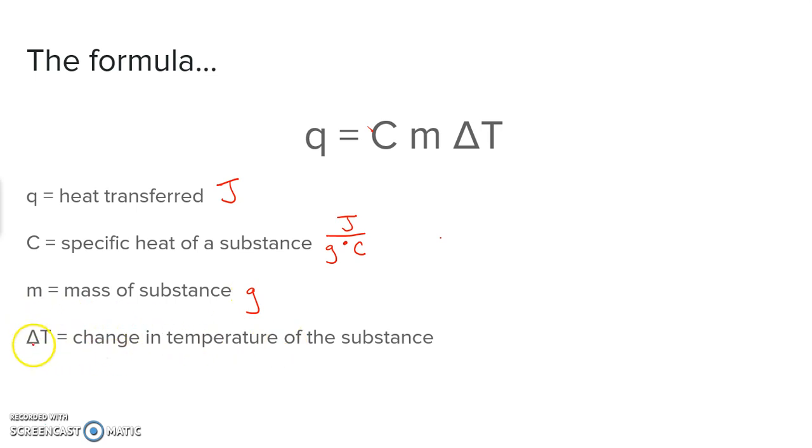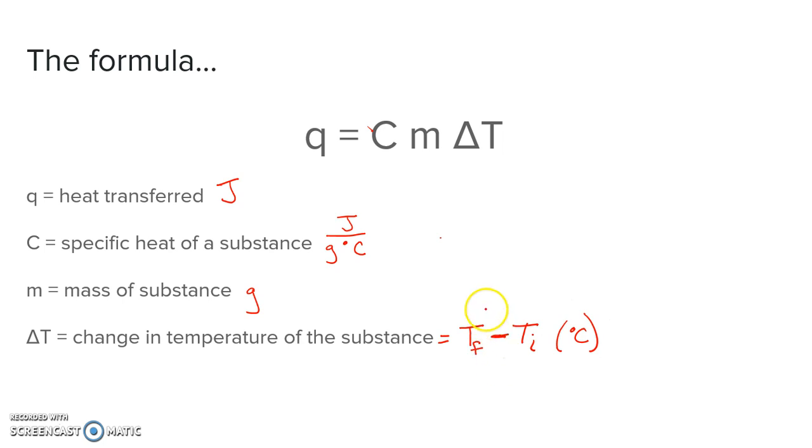And then the delta T, anytime you see that triangle, that means delta. Delta represents change in. So delta T, change in temperature, and we're looking at the initial temperature and the final temperature. To calculate delta T, we're going to take the final temperature minus the initial temperature, and that's going to be in degrees Celsius.